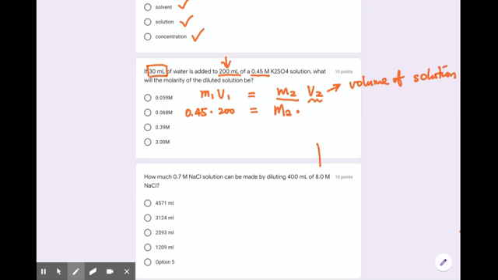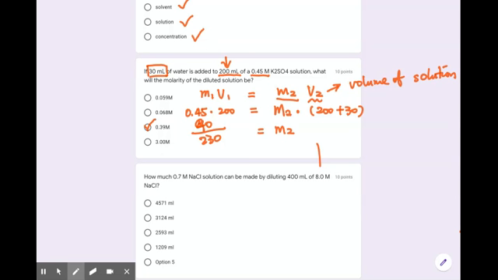So our final volume after you add extra will be these two added together, right? So 200 plus 30. Now you just do the algebra. So M2 equal 90 divided by 230. 0.39 molarity is your new solution.